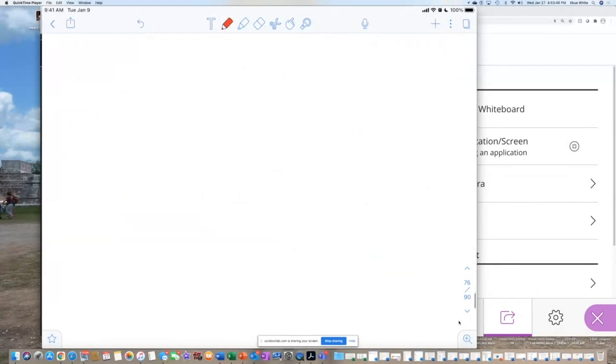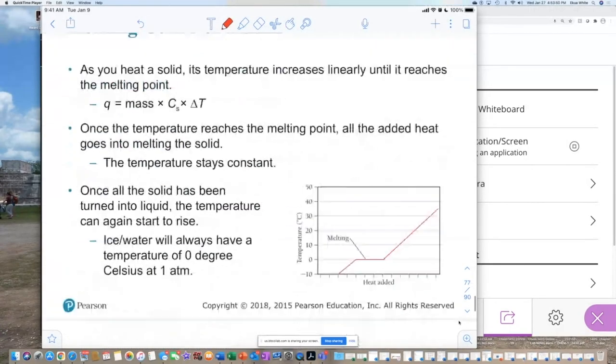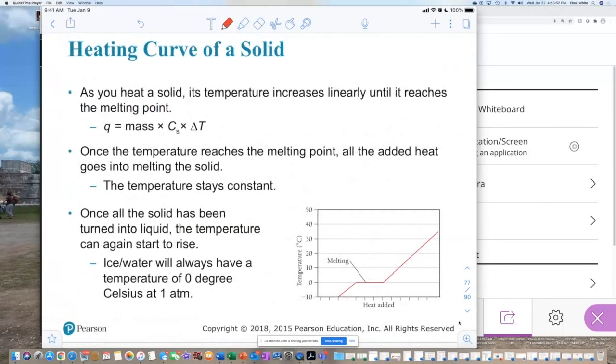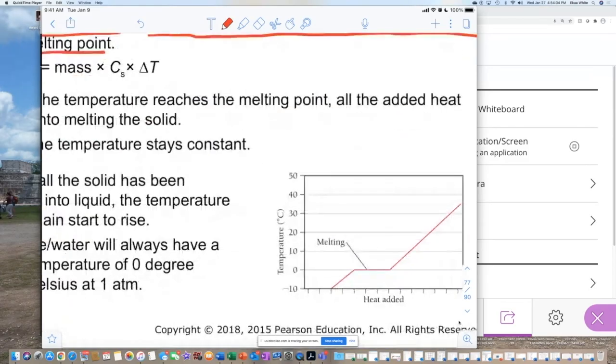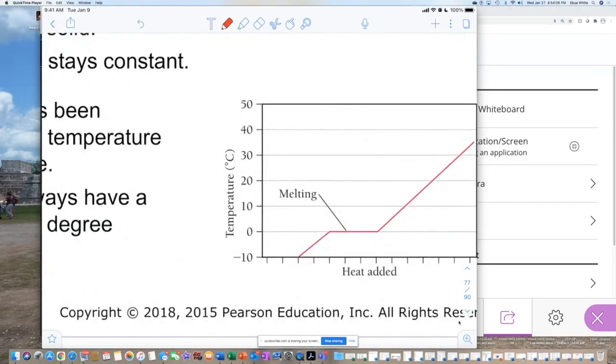Okay. Then I see that I have space here. Oh, so finally the heating curve. Now we talked about this yesterday, right? Talking about the heating curve, saying as you heat the solid, the temperature first increases linearly until it reaches the melting point. So I drew this yesterday, showing you what's happening here.